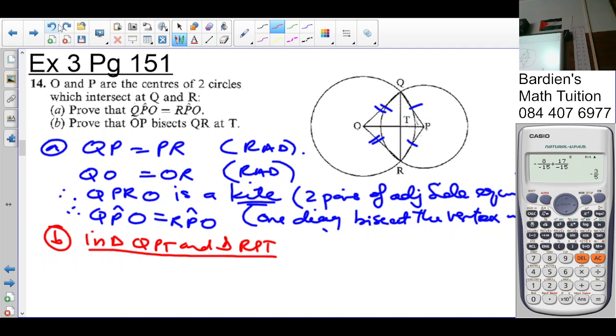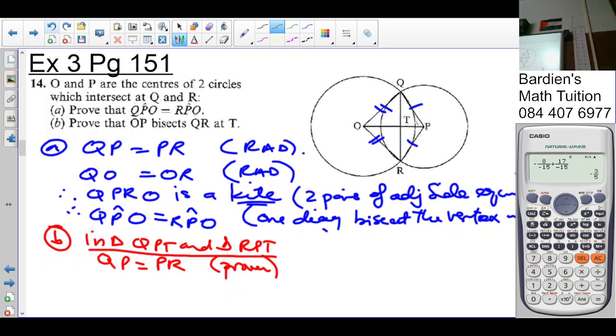Alright, so what can we say about these two triangles that we're working in? We already see that QP is equal to PR. Why? No, it's not given. It's either proven or we can say again radius. Can you see that, people? You can either name the reason again or you can say proven.